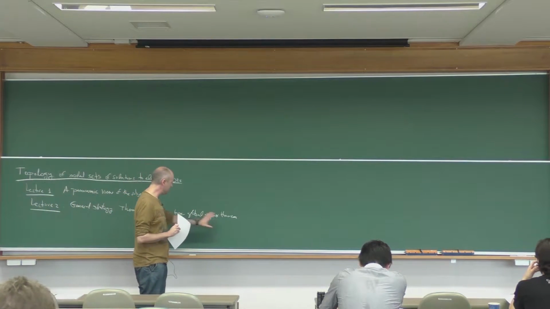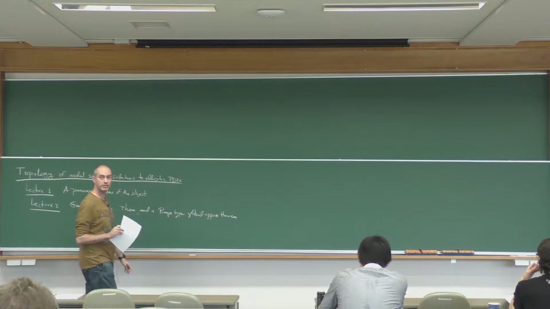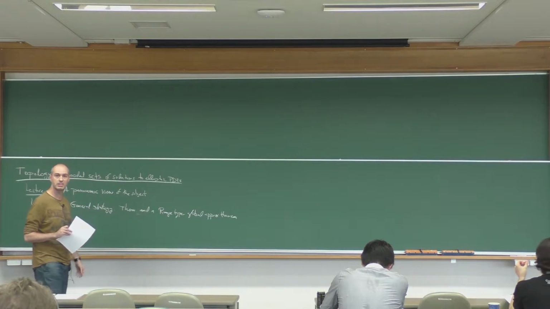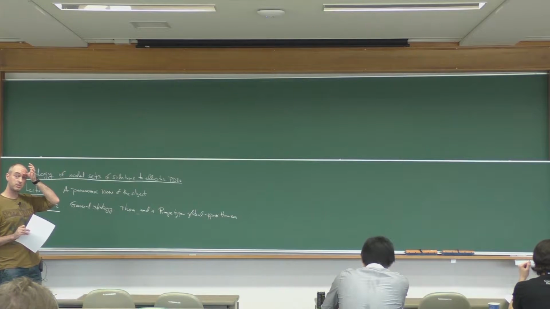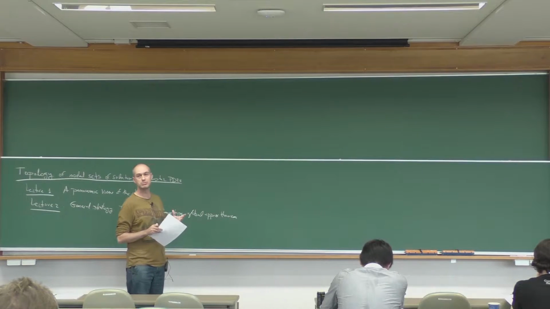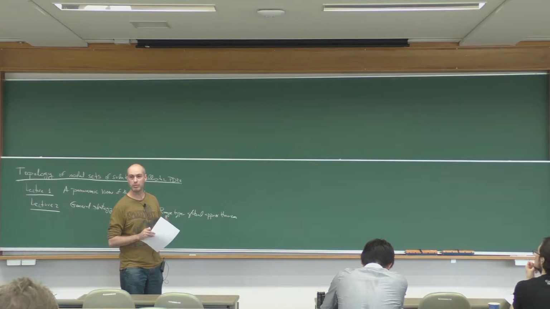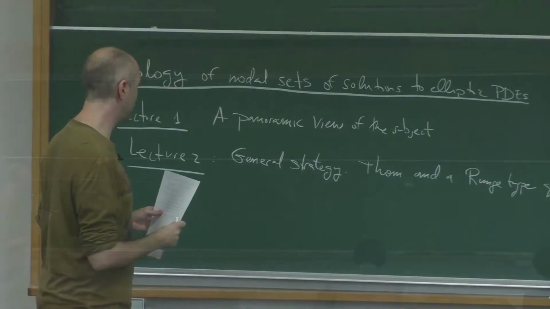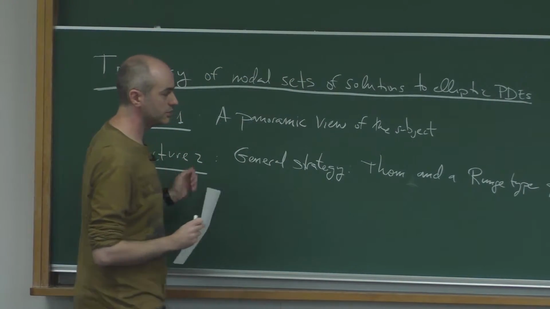And the original context for this is Runge. This refers to complex analysis. It's a generalization to elliptic PDEs of the classical Runge theorem of global approximation of holomorphic functions. You'll see what I mean in the lecture.